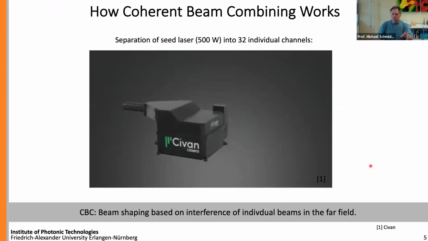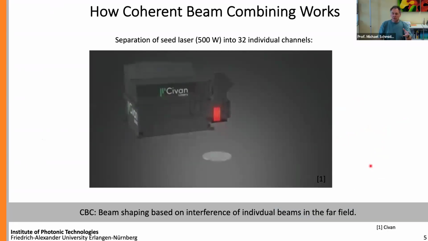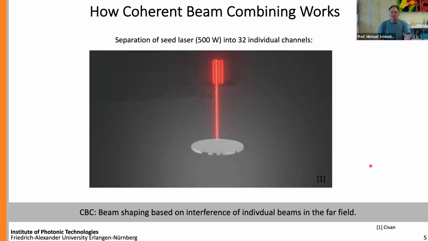We have a Civan system here, of course, otherwise maybe I would not give this webinar. We use it, and you can see here a little more in a 3D configuration how this works. Here you have the different delayed beams, and you can use the programmed delay of, for example, 32 beams to move a spot.